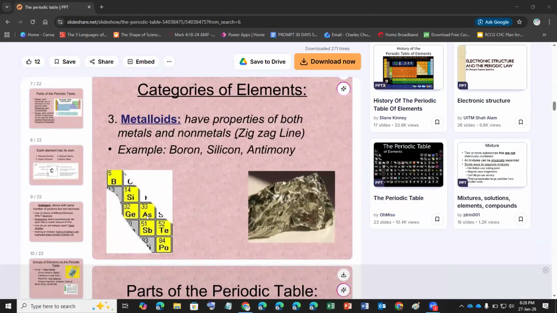I'm not too sure now, but all those ones that are down there, polonium and the rest, they fall into that category of metalloids. Again, the meaning is that they have properties of both metals and non-metals. So boron, silicon, antimony are examples of that.